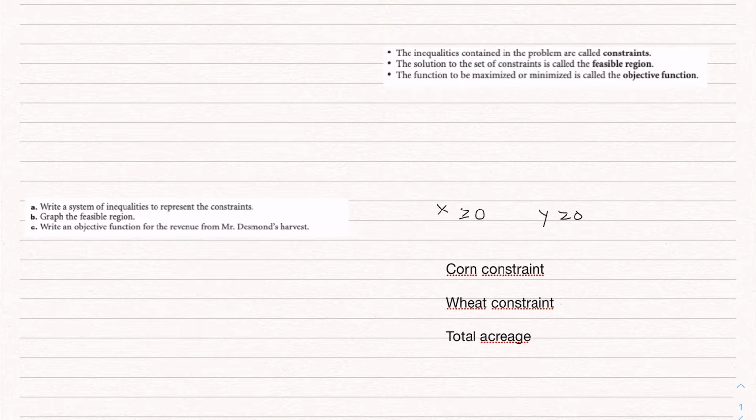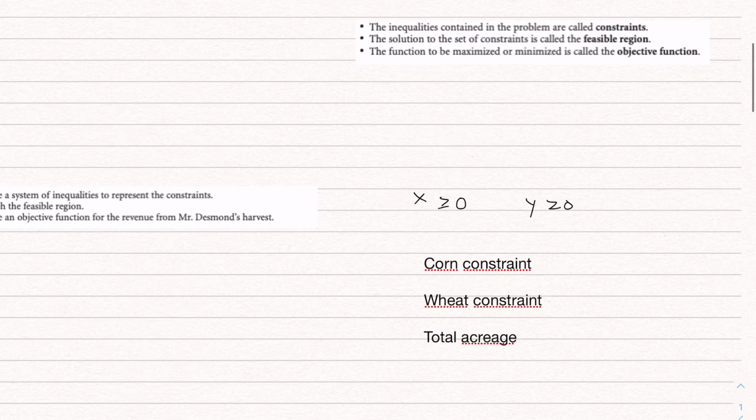To represent the corn constraint, you would use 20 is less than or equal to x, and x is less than or equal to 80. To represent the wheat constraint, you would use y is greater than or equal to 30.